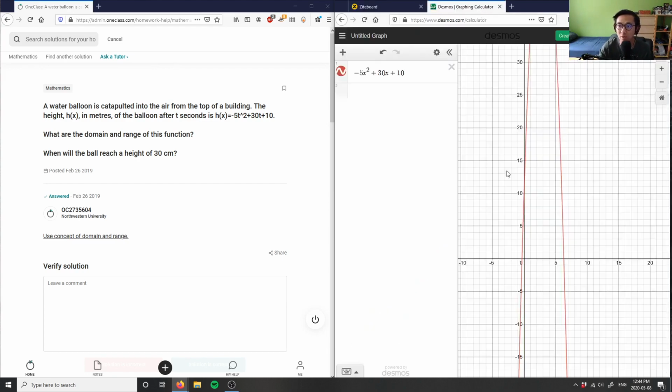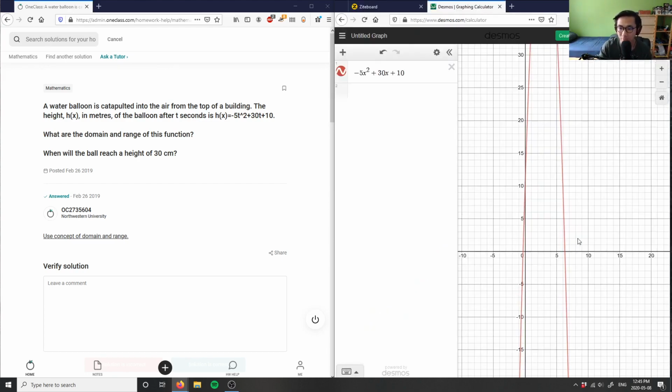If you look at our graph, we can take a look at where 6.3 is and figure out where it is at 30 centimeters.